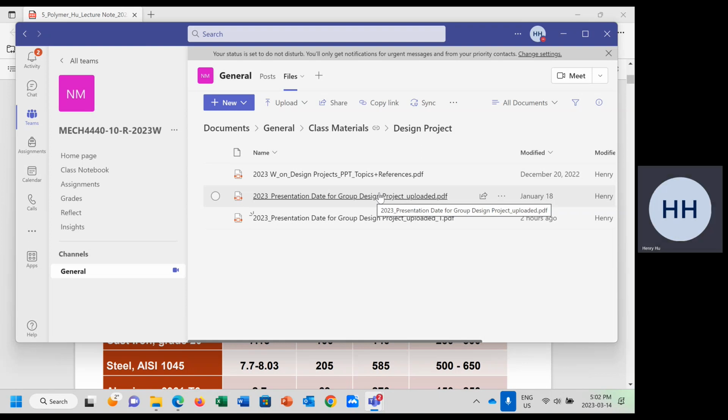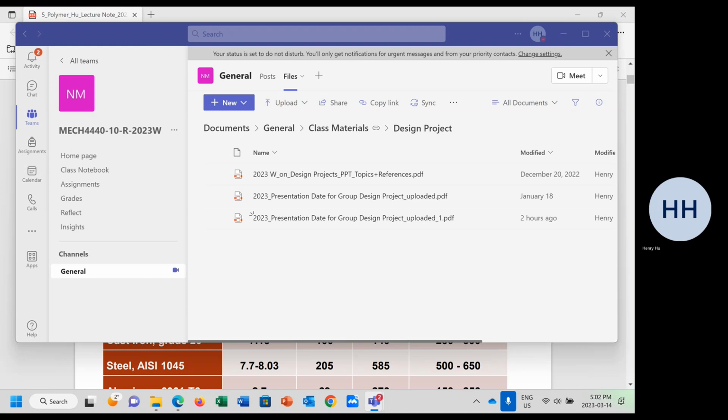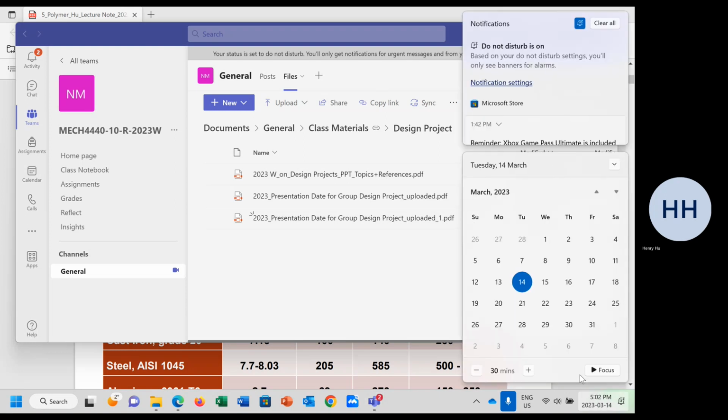Okay, very first thing is about the presentation schedule. I changed it a little bit, okay? This is because I checked how many lectures we can have and how many tutorial time we can have.